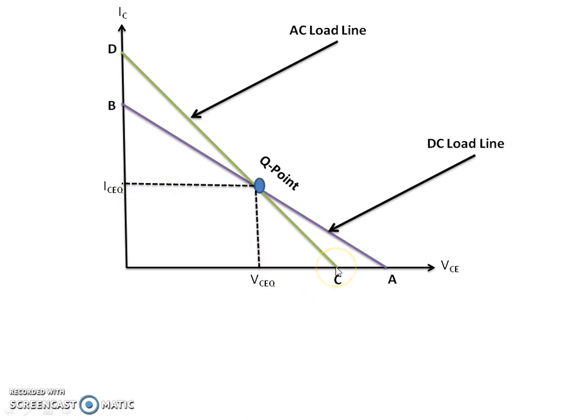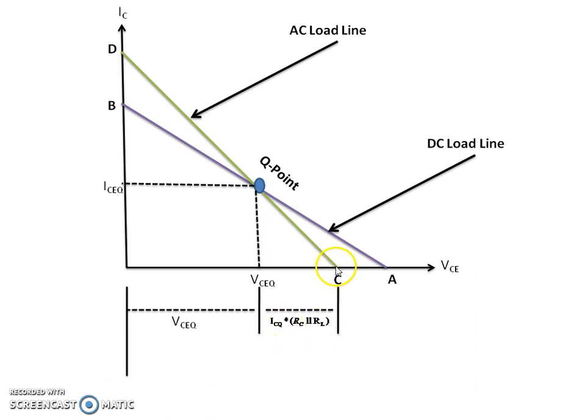Now let me correlate this with the previously derived expressions. This point C, the cutoff point for the AC load line, is calculated as VCEQ plus ICQ times RC parallel RL. From the origin to this point is the component VCEQ. The remaining component from VCEQ to intersection point C is ICQ times RC parallel RL.